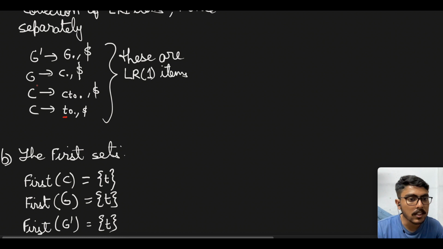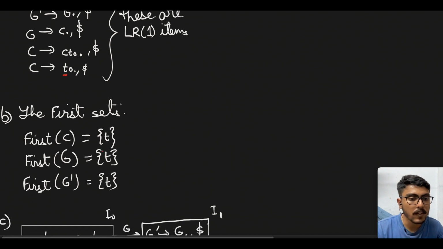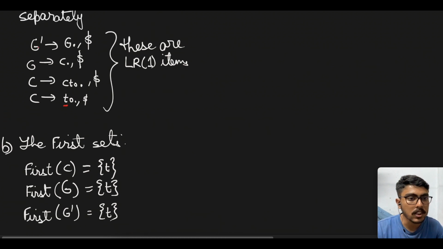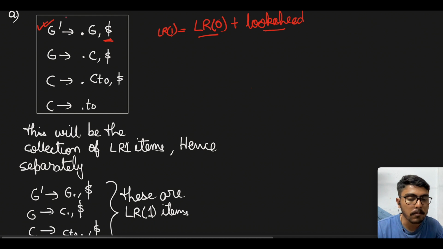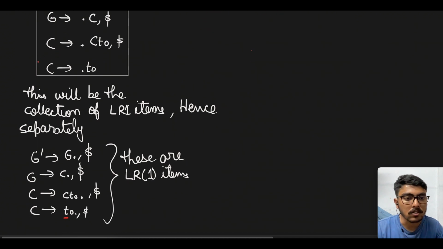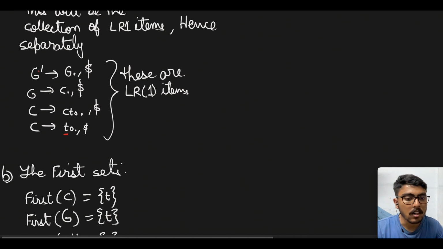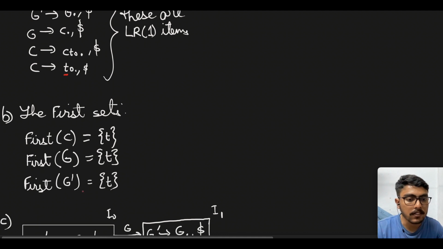So for G it is C, and first of C is T. So we will have T again. Similarly G dash is nothing but a starter symbol which we have taken from our side, so that you may write in the paper. So first of G dash is also T.